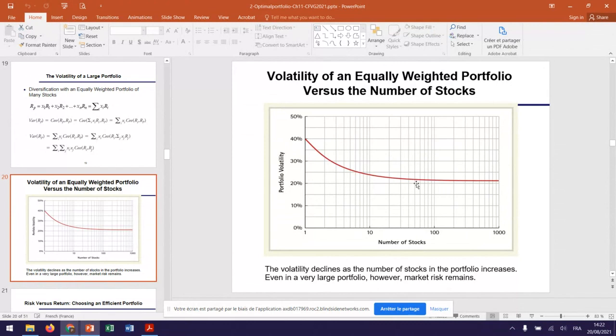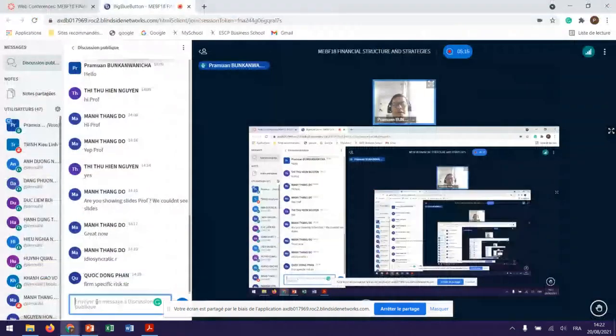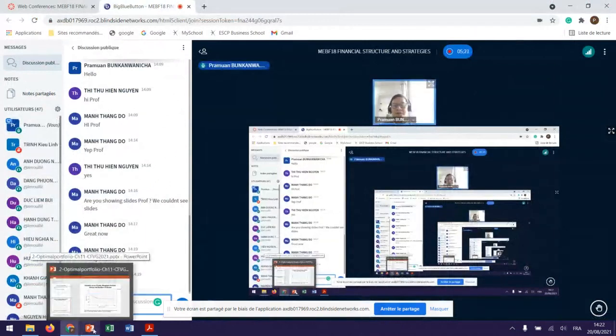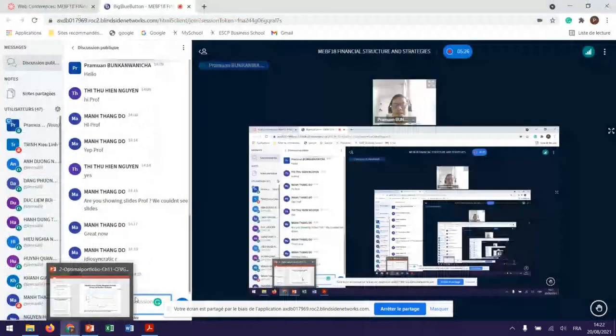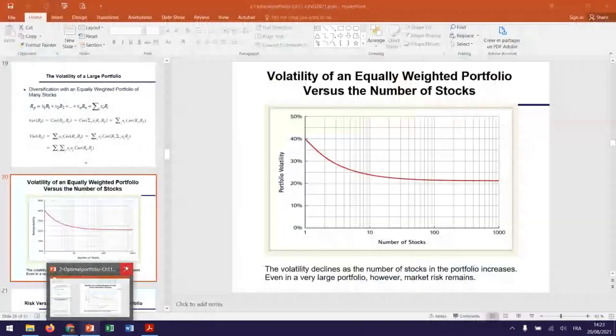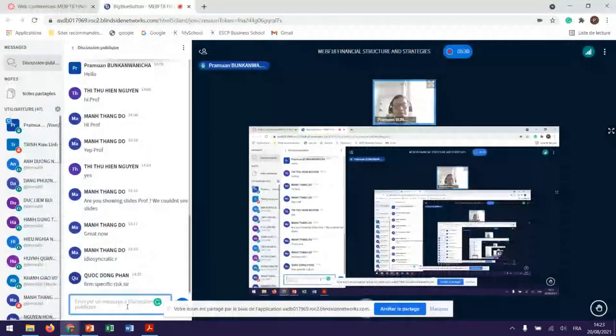When it's not diversified anymore, it means that your portfolio contains almost only what type of risk? Systematic risk. When you cannot diversify anymore, it means that your portfolio contains only market risk, or systematic risk.